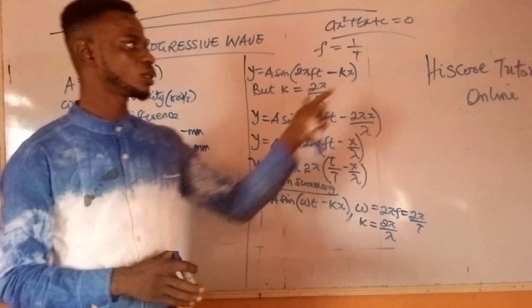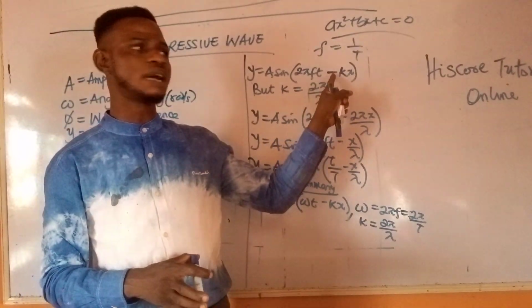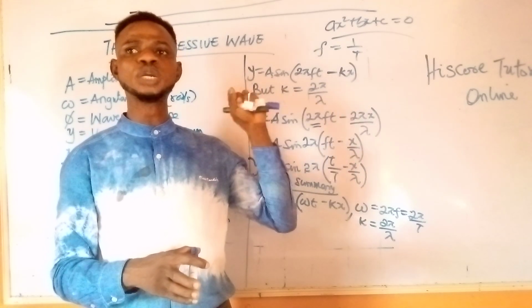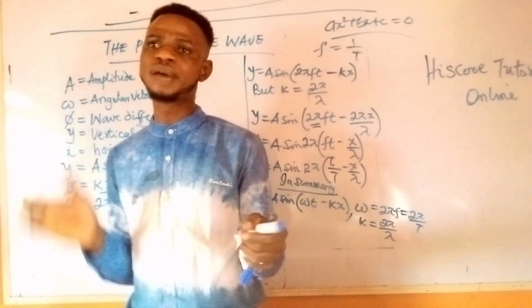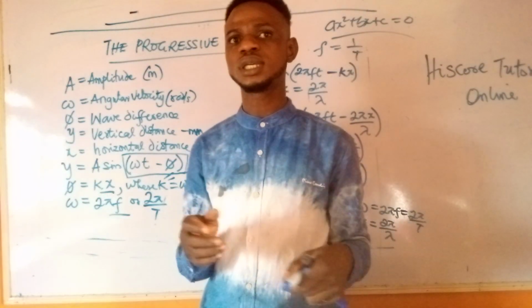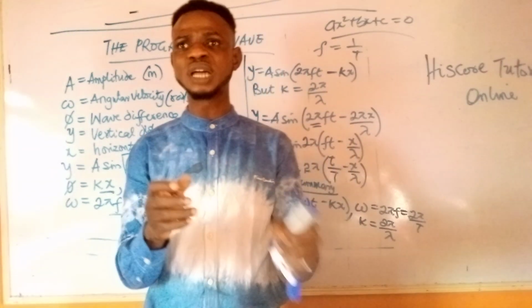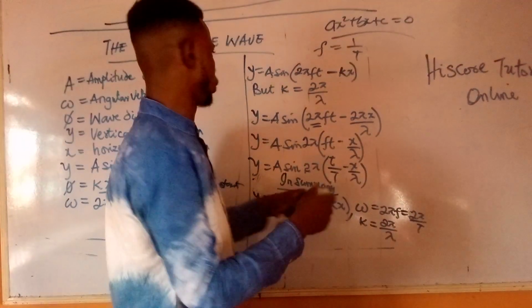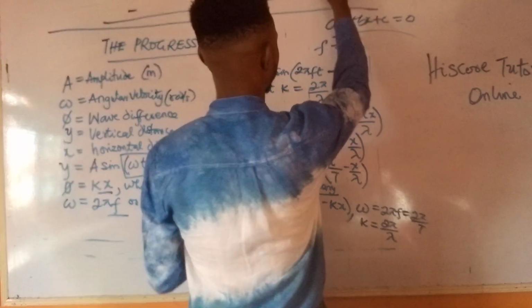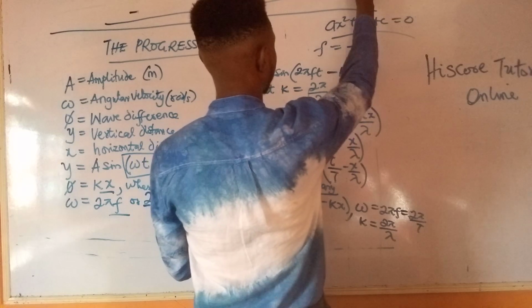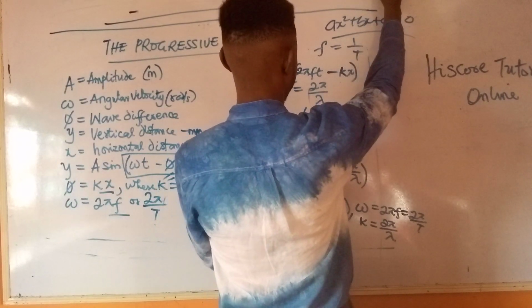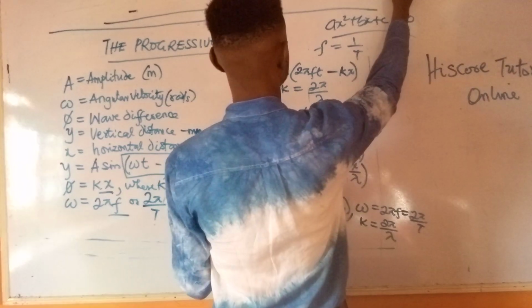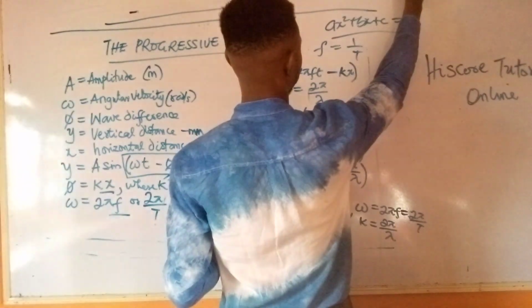Don't forget, the position of x can be this side or this side. It depends on where the wave is traveling. A wave can travel from left to right or from right to left. Are you following? If the wave is traveling from left to right, it is going to be y equals A sine omega t minus phi.